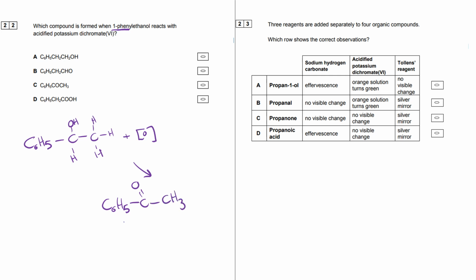So you're going to form phenyl ethanone here, plus water as your byproduct. So which one matches the phenyl ethanone? It is this compound here. If you said B or D, then you drew 2-phenyl ethanol instead.